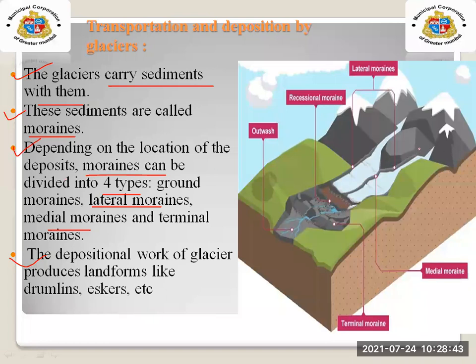See, depending on the location, students. Now, let's take an example. This is the location, you can see there is a snowfall over here. Yes, and the snow is slowly moving down towards the river. Now, lateral moraines means what? When the glacier moves on the side part, it is known as the lateral moraines.